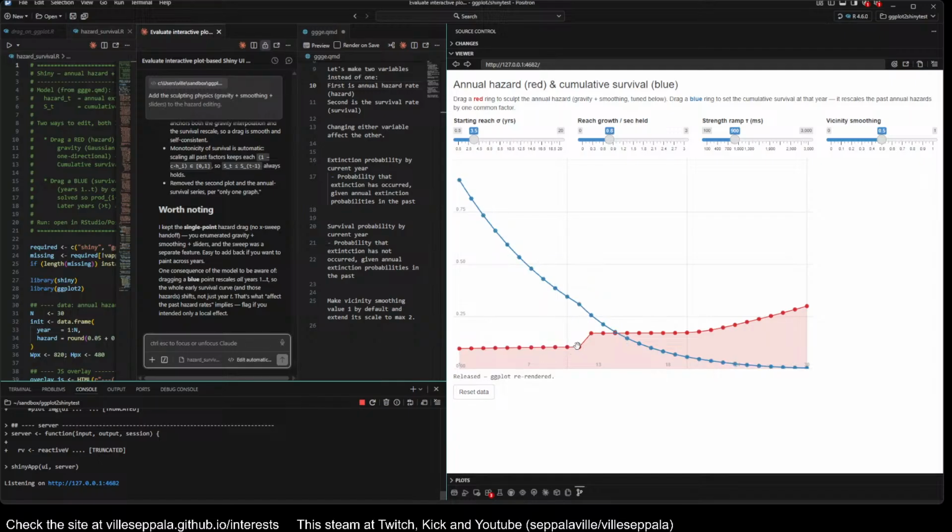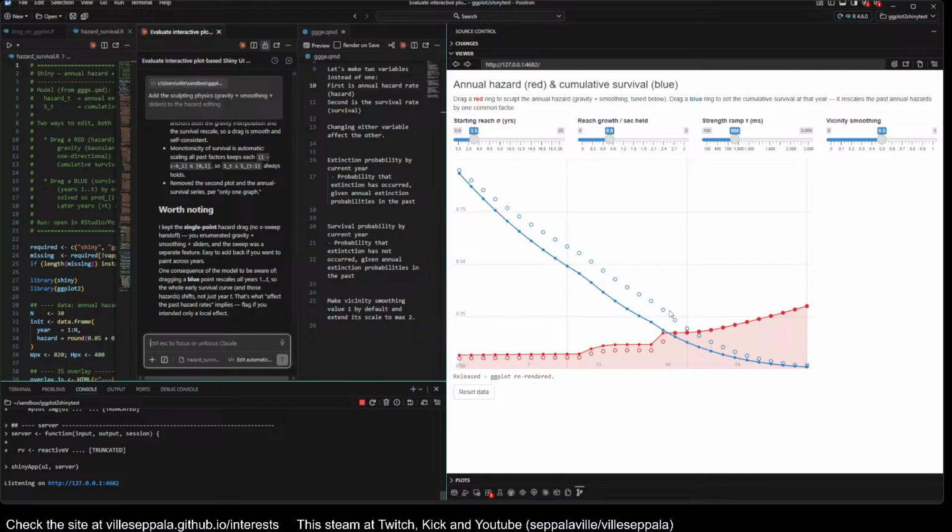Okay, it works. So if I change this, it's going to do that.